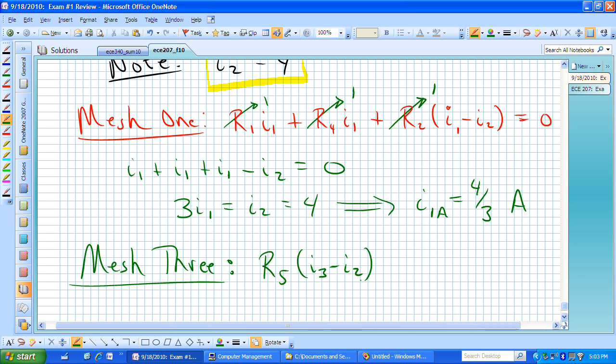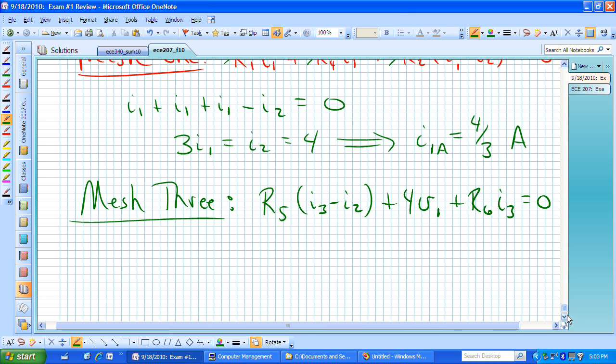Again, we want the drop now to be from bottom to top, and I3 is going positive in that direction, I2 is going negative in that direction, or against that direction, and so we have R sub 5 times I3 minus I2 plus 4V1, that's the drop across the dependent voltage source, plus R sub 6 I sub 3 equaling 0.